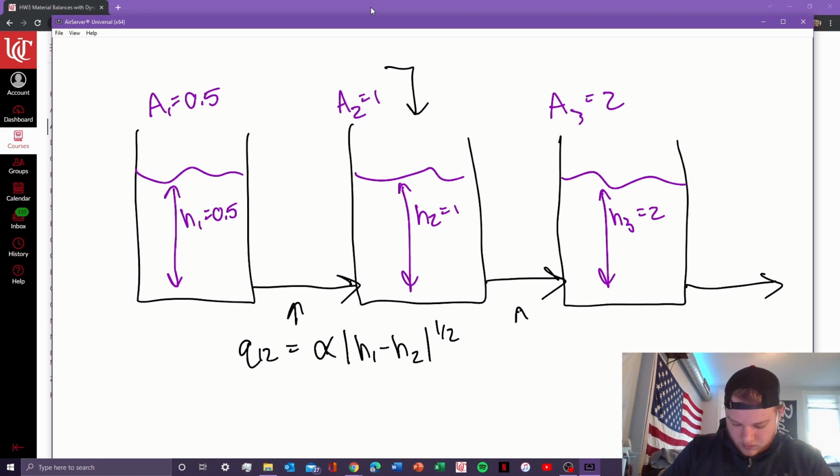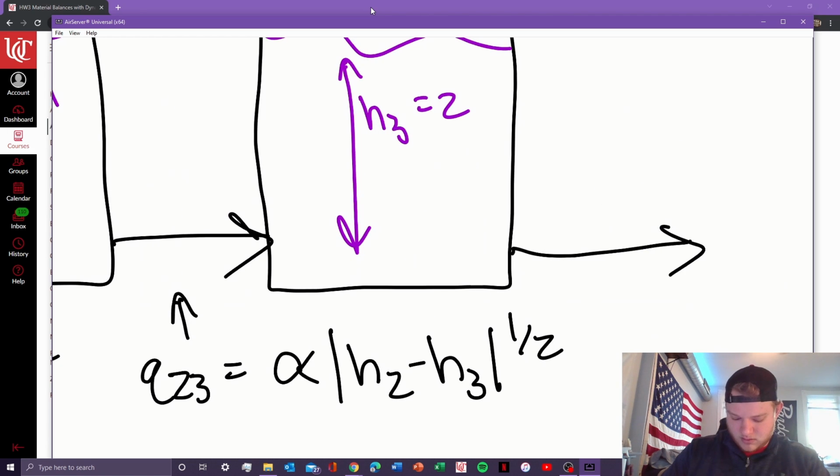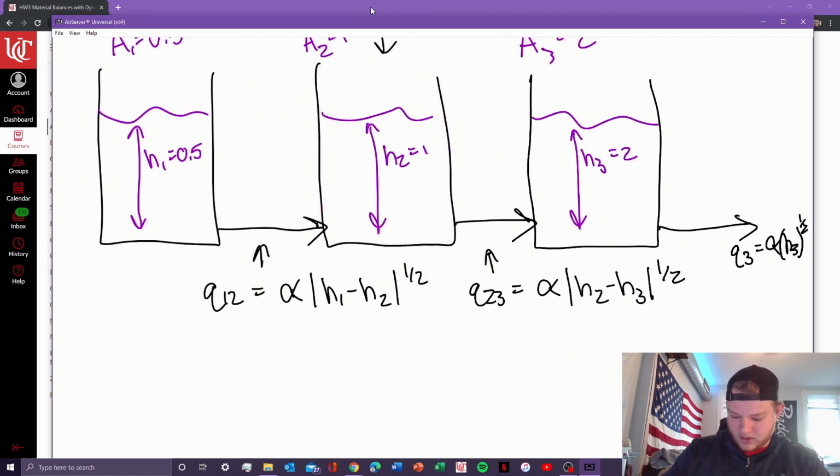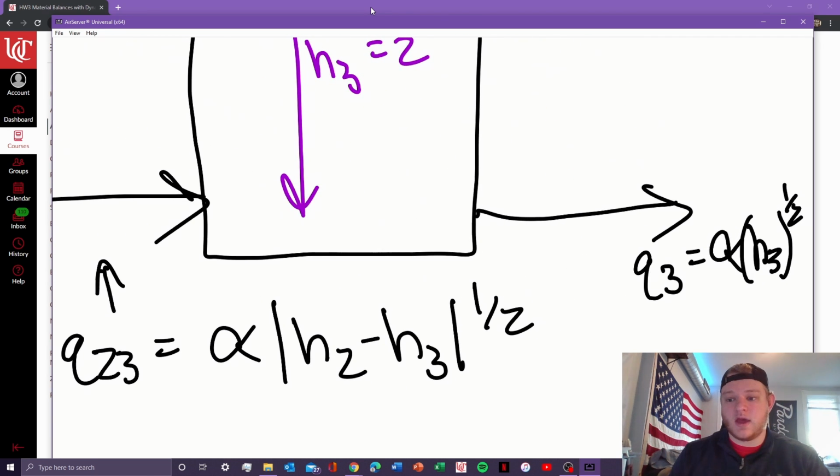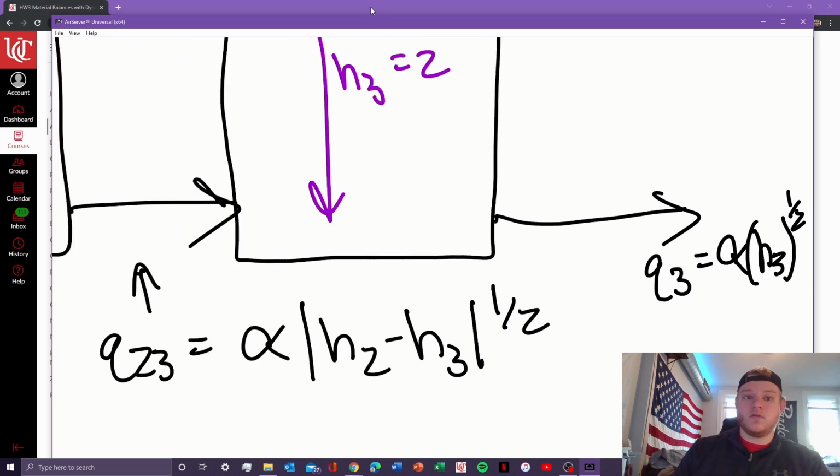The same goes for tanks 2 and 3: the flow rate is the constant times the square root of the absolute value of the height of tank 2 minus the height of tank 3. And then tank 3 drains with the same proportionality constant times the square root of the height of tank 3.